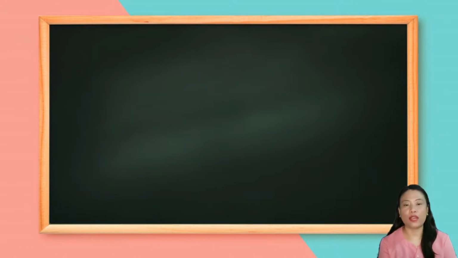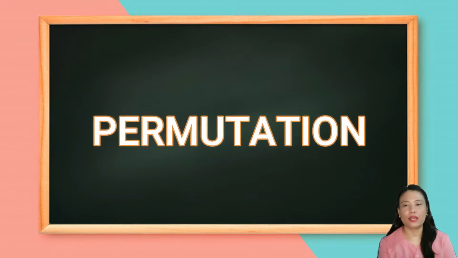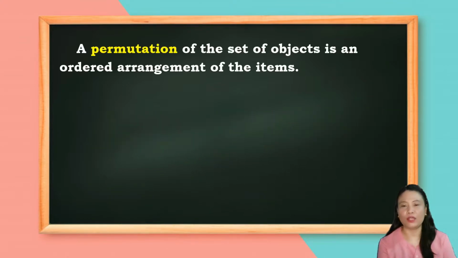The process of finding the number of possible ordered arrangements of the set of objects is called permutation. But what is permutation? Permutation of the set of objects is an ordered arrangement of the items. If there are n choices for the first stop, n-1 for the second, n-2 for the third, and so on.